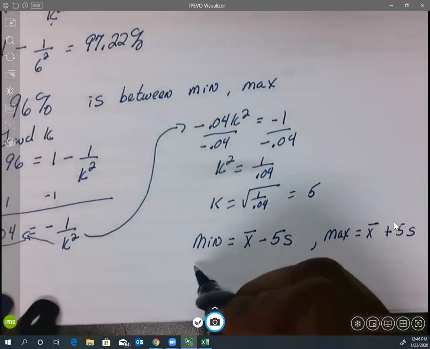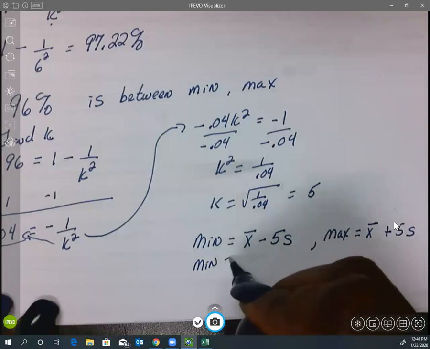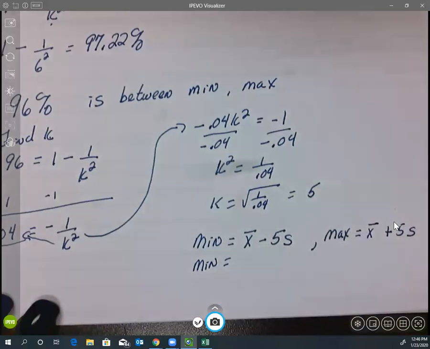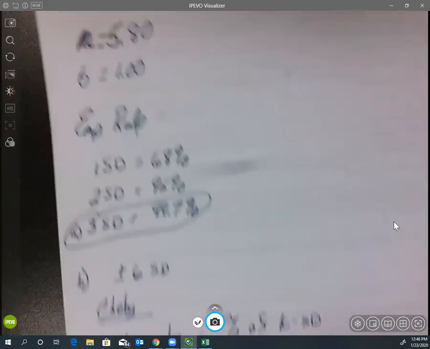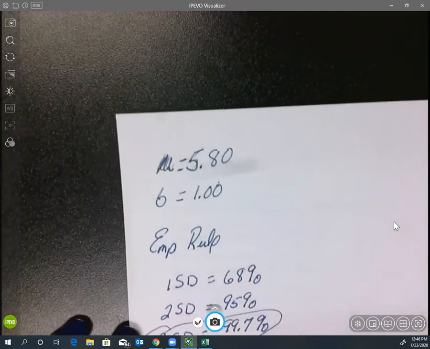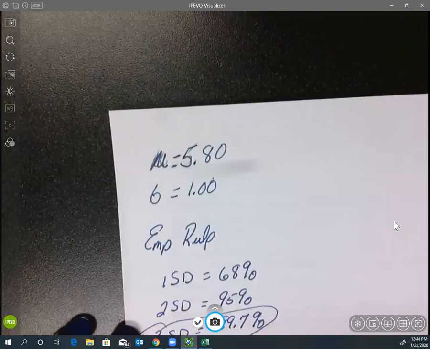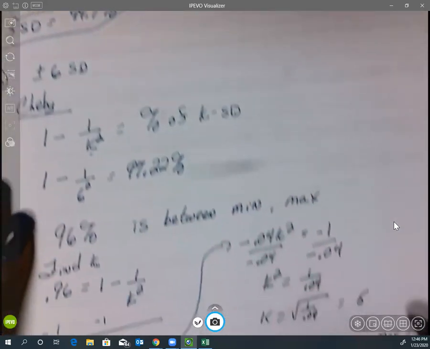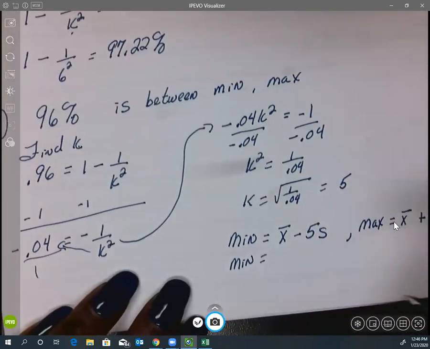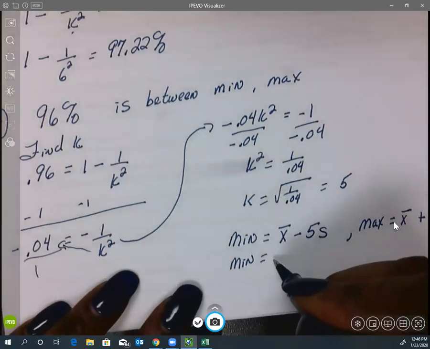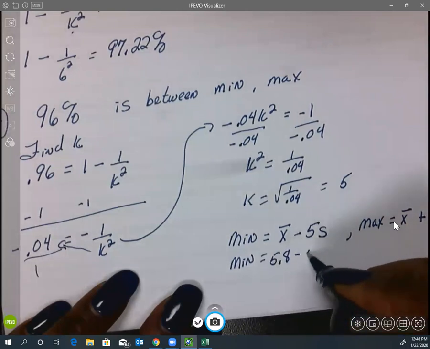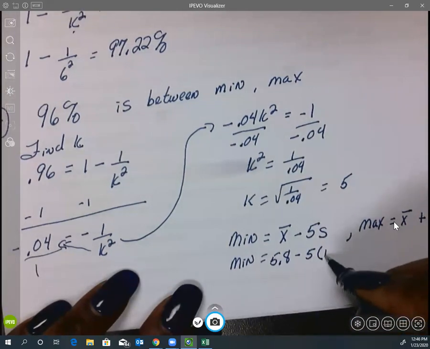Plug and chug. What was my mean from the reading? The mean from the reading, if I'm not mistaken, is 5.8. And my standard deviation is 1. Okay, so I have 5.8 minus 5 standard deviations of 1.